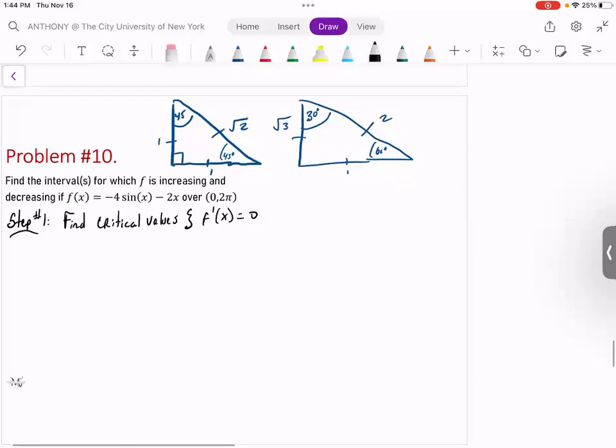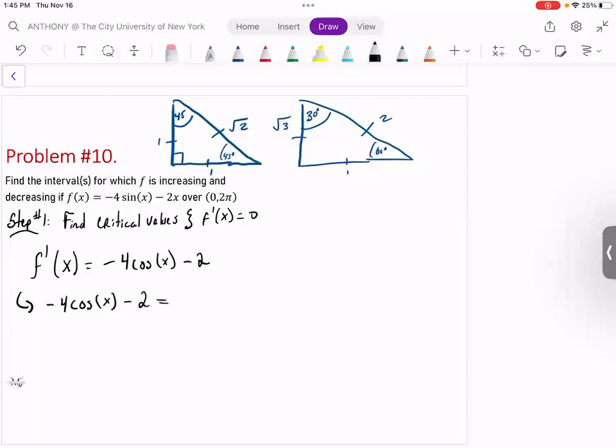So for our given function f, you will need to find its derivative. Well, let's get started on that. The derivative of -4 sine of x is going to be -4 cosine of x. The derivative of -2x is -2. So you take your derivative now, -4 cosine of x minus 2, and set this equal to 0.